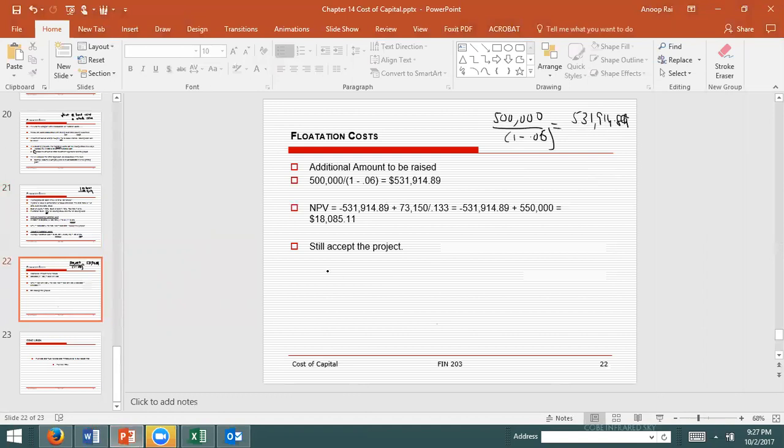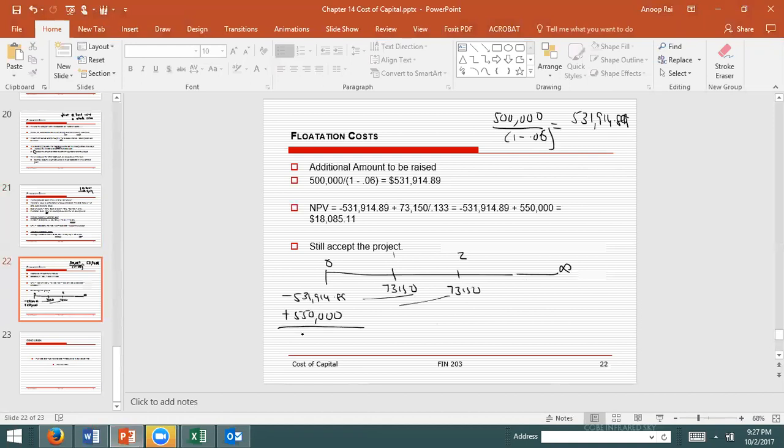So now let me do the analysis, same analysis, except 0 is going to be minus 531,914.89, and then I have 73,150, 73,150, all the way to infinity. And the present value of that we already calculated was $550,000.